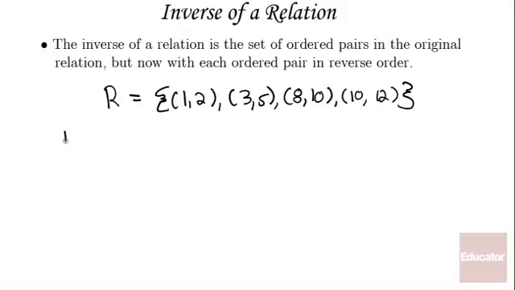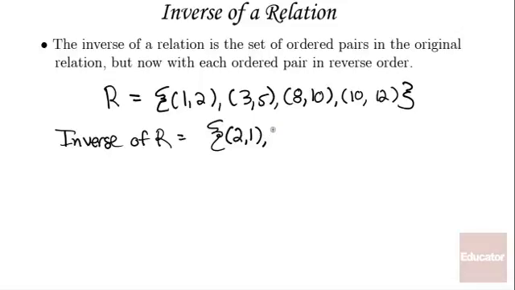Now, if I were to write the inverse of R, what I'll do is reverse the order. So each second value, each y, becomes the x, and vice versa. So for my first pair, instead of 1, 2, for my inverse of R, the pair is going to be 2, 1.